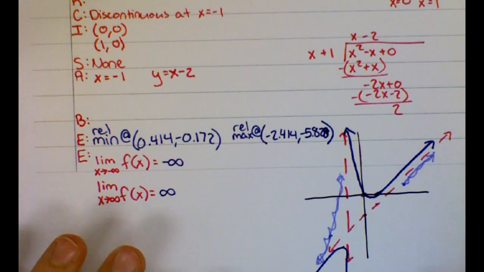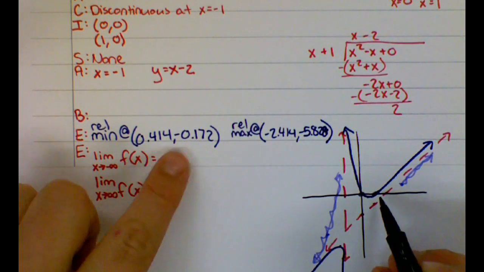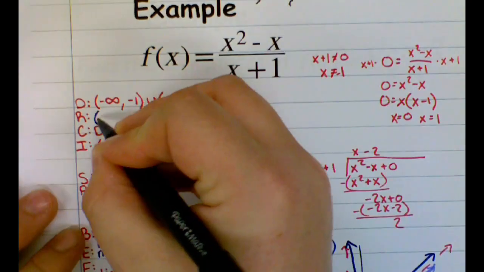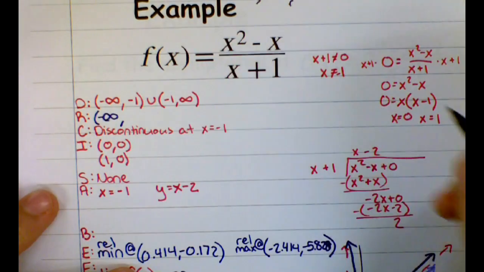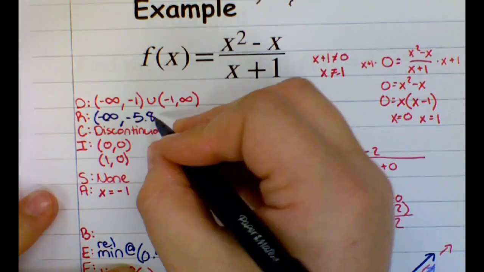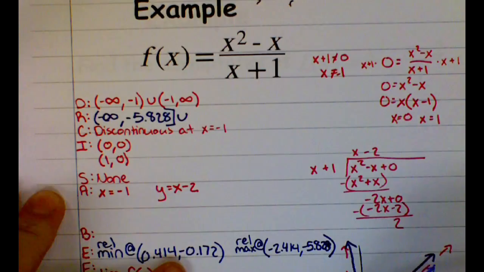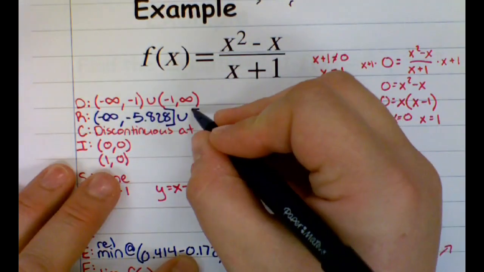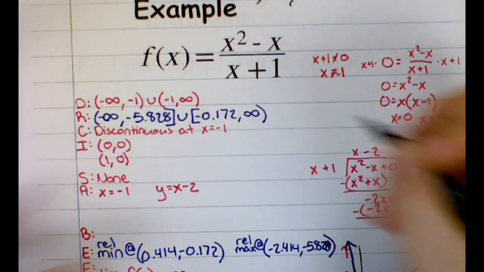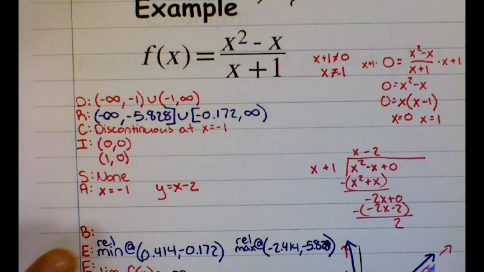Okay, so that means the gap here is from negative 5.828 to negative 0.172. So the range is everything below negative 5.828, but it includes it, so bracket. Or we pick up again at negative 0.172, bracket, negative 0.172 to infinity. That's a weird one.